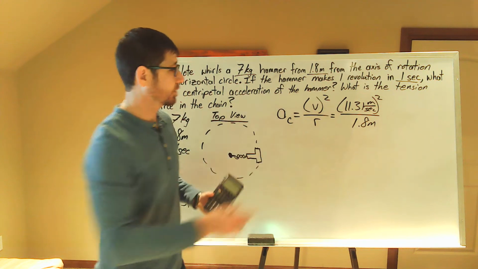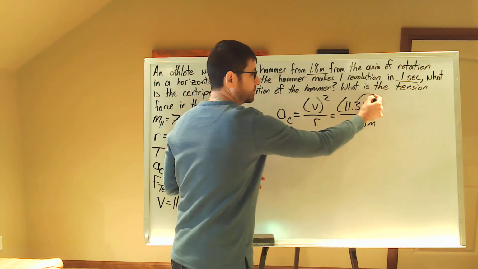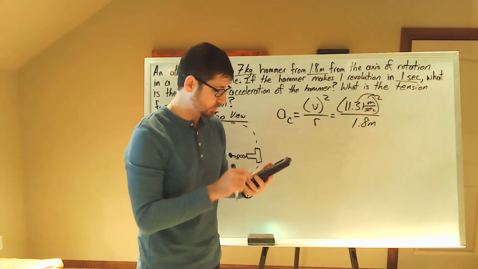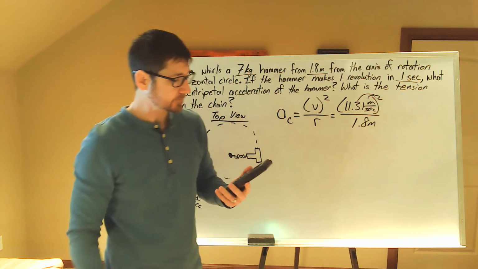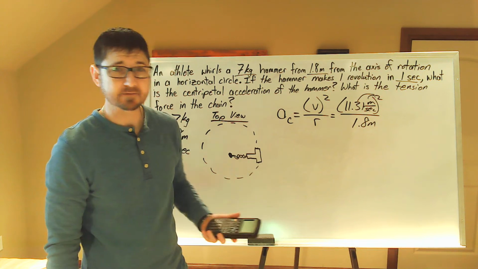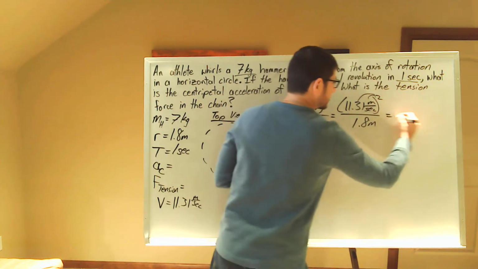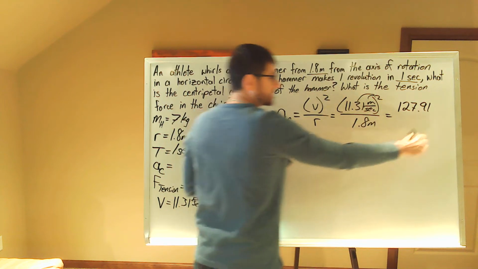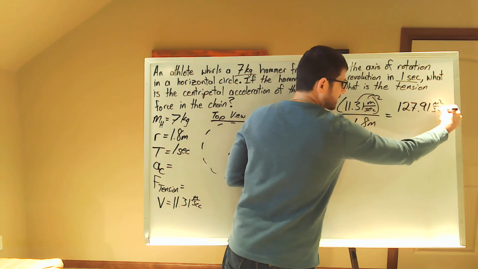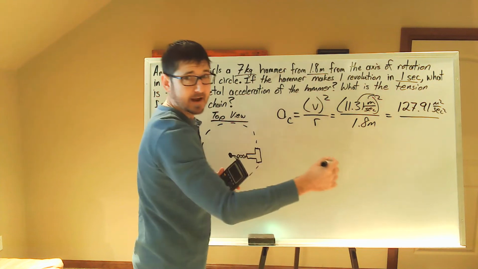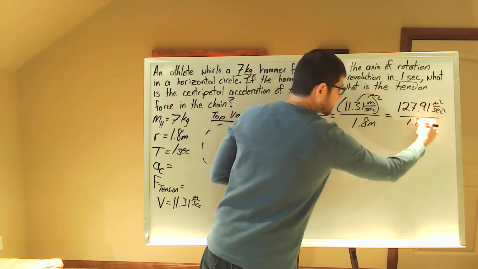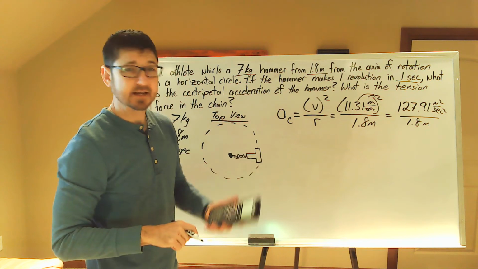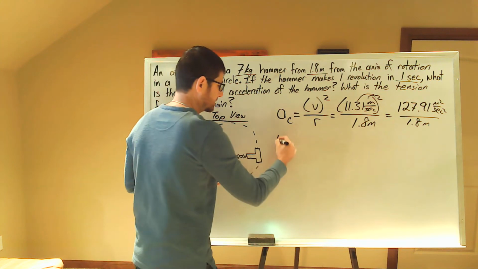Remember, not only are we squaring our numerical value, but we are squaring the unit value. So 11.31 squared gives us 127.91, and we're squaring our units, so meters squared per second squared. We're dividing this by 1.8 meters. This gives us 71.06.